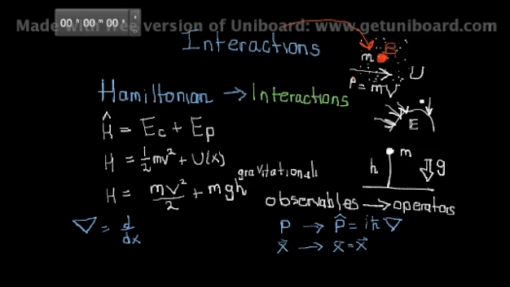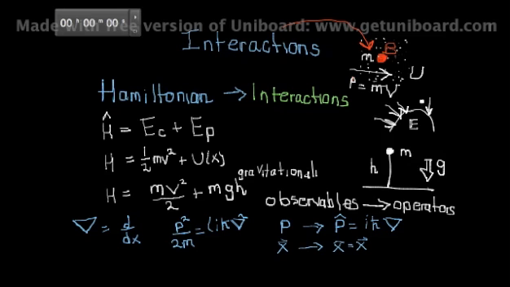So if we have p squared over 2m, we put this to the square.